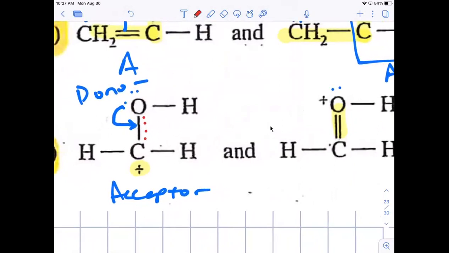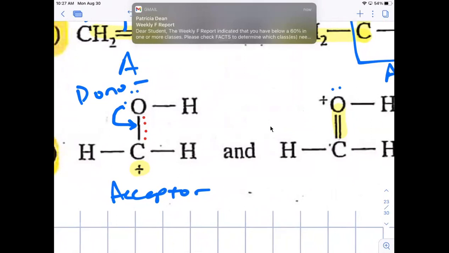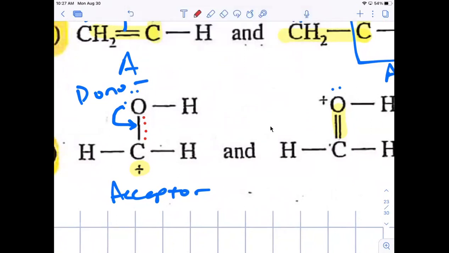That's where that pi bond comes from. Notice in the resonance form, the formal charge on oxygen is now +1 and carbon is neutral. That's how resonance stabilizes. Instead of that plus charge just sitting on one atom, if I'm doing resonance between those 2 forms, that means that I'm alternating where that charge is, constantly.